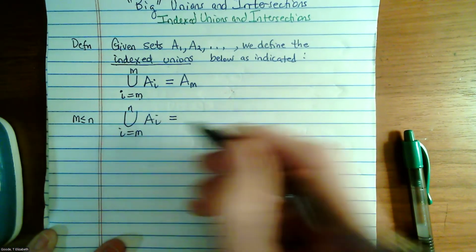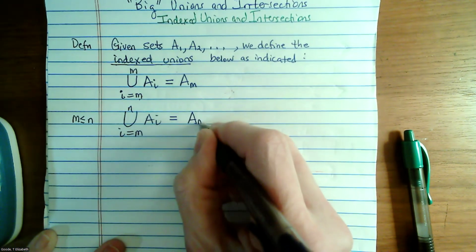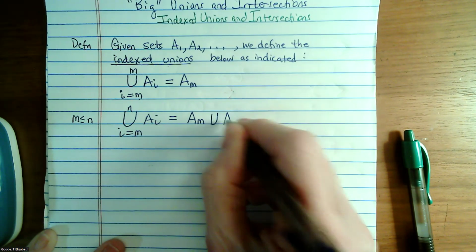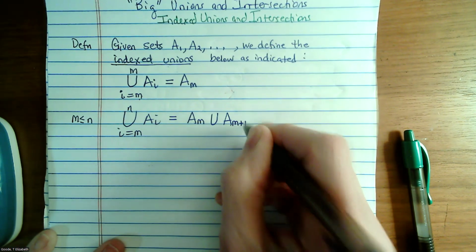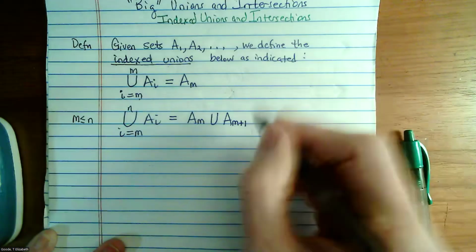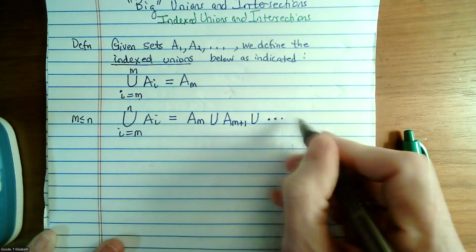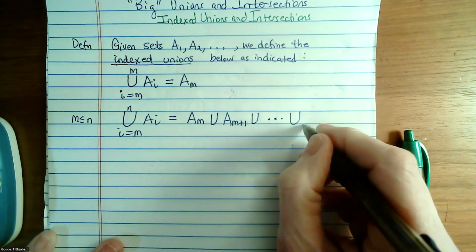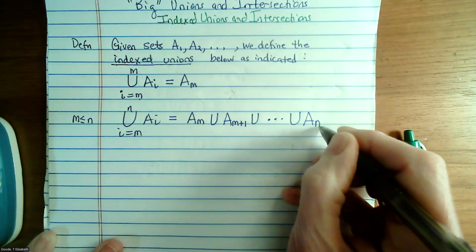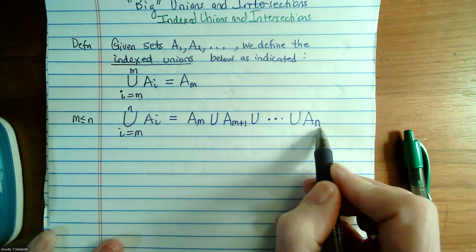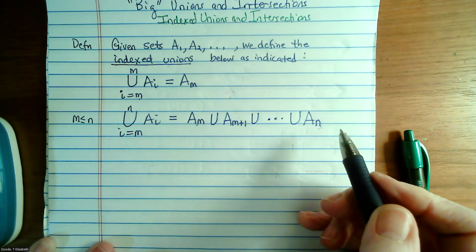Well, that's when we say, oh, okay, the first one would be A sub M union the next set would be A sub M plus 1. We increment our indexing variable by 1, even if it's for unions. Keep on going. And the last set we union together with all these other ones is A sub N. So start at M, end at N, just like you think we should.